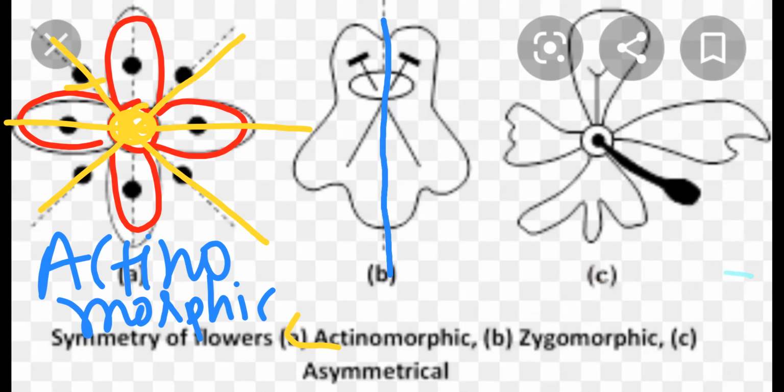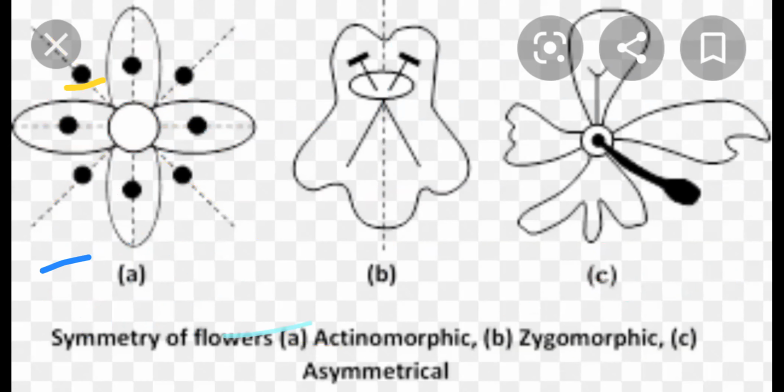Then next, third one, that is asymmetry. Can anyone explain asymmetry? Fatima. Fatima, bolo. Yes, ma'am. Ma'am, in this, the body cannot be divided into two equal halves by any plane of axis, right? Yes.